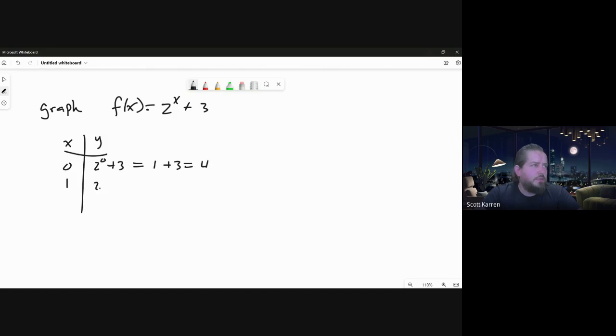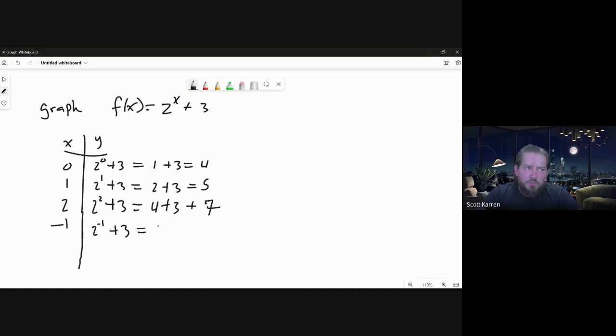If x is 1, then I have 2 to the 1 plus 3, which is 2 plus 3, which is 5. If x is 2, I have 2 to the 2 plus 3, but that's 4 plus 3, and that is 7. If I do negatives, let's go -1, then I have 2 to the -1 plus 3. 2 to the -1 we saw was 1/2 plus 3, so this is 3.5. And -2 is 2 to the -2 plus 3, but 2 to the -2 is 1/4. And so I get something like 3.25.